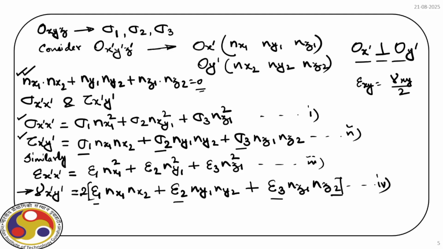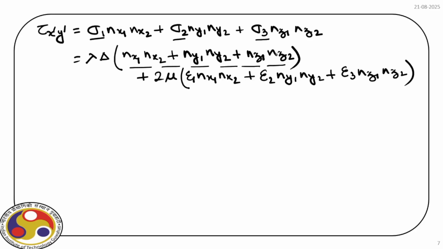So, if we use that relation, the first bracketed term is equal to 0. What about the second term? Within the second bracket, we have epsilon 1 times nx1 nx2 plus epsilon 2 times ny1 ny2 plus epsilon 3 times nz1 nz2.